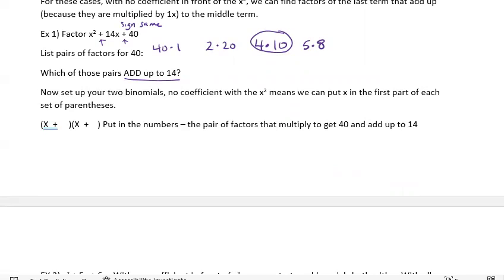And the signs that are the same are whatever this one in the front is. That makes sense because remember, we're multiplying the signs to get this one, and we're adding the signs to get this sign. So if it's positive that we added together, then it's two positives down here. And we're going to write the 4 and the 10 because those were the two numbers that multiplied to be 40 and added up to be 14.